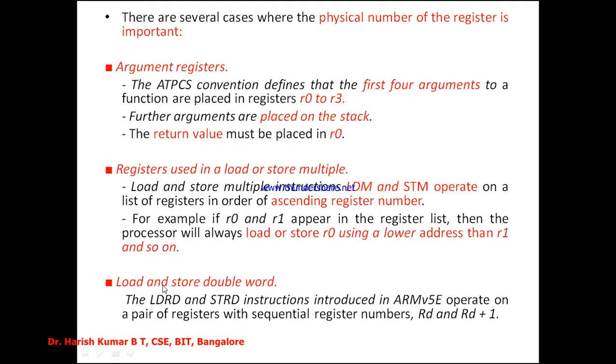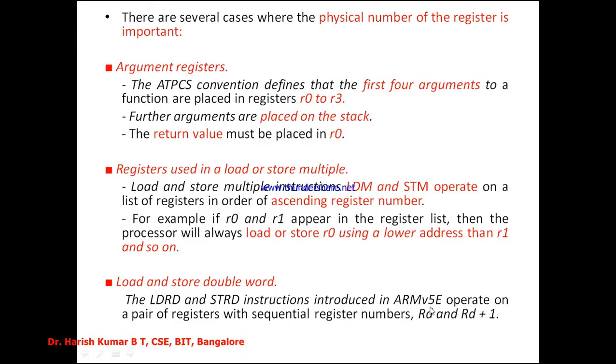Another important case where the physical numbers of the registers are important is load and store double word. You can load two words at a time, or store two words into memory. At that time you specify one single destination register, and it automatically takes the very next register.